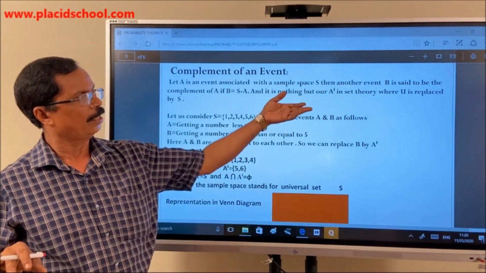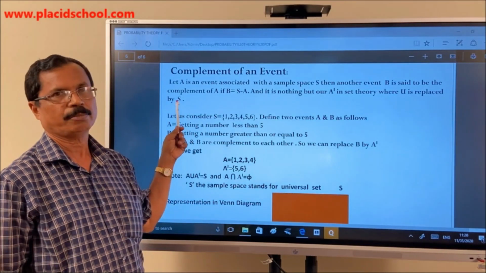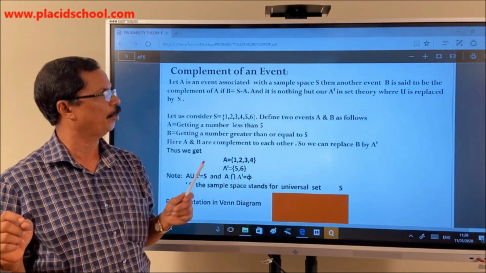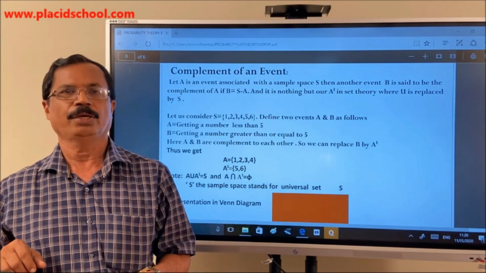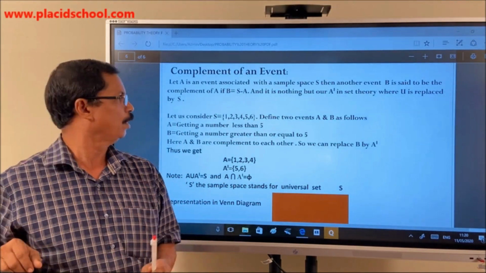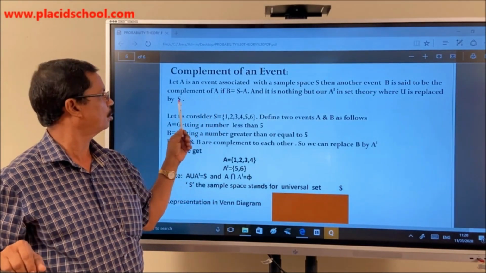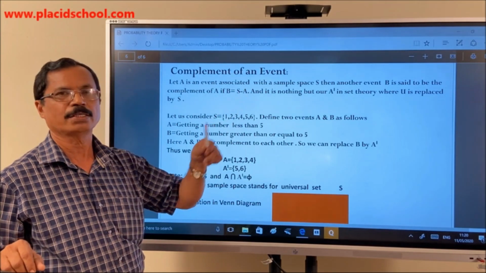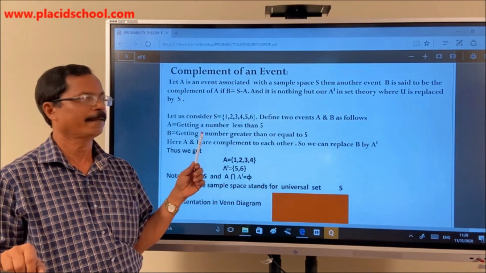Here in set theory we usually represent U as the universal set. Here it is replaced by S. So in probability, instead of the universal set, we always use the sample space. So we can say B is equal to A dash, or A dash is equal to S minus A. Let us consider the following example. Look at this.